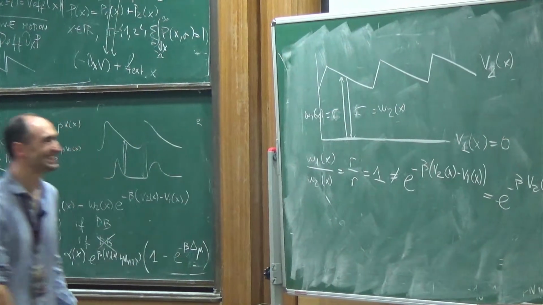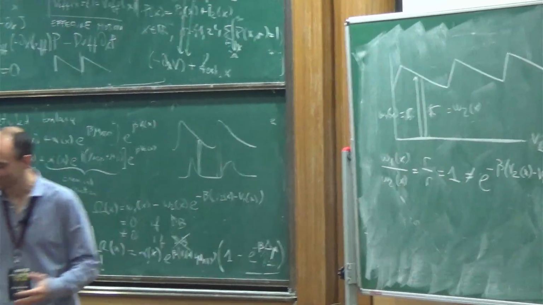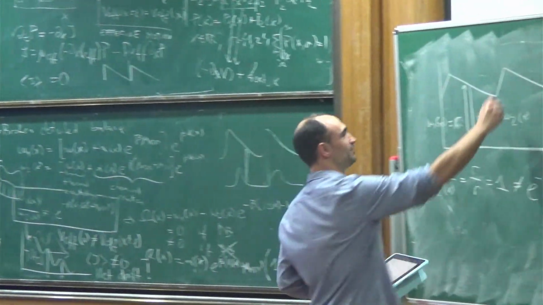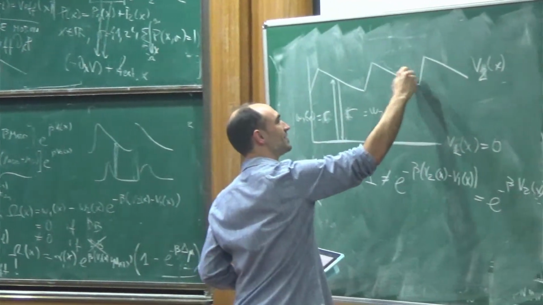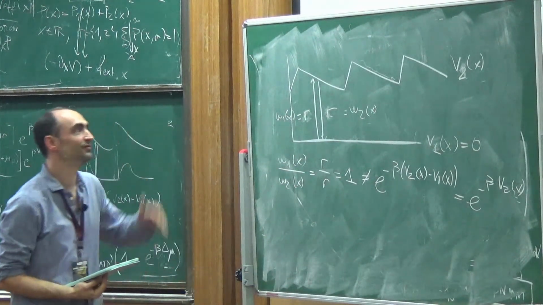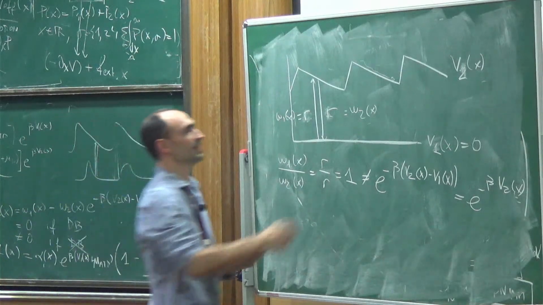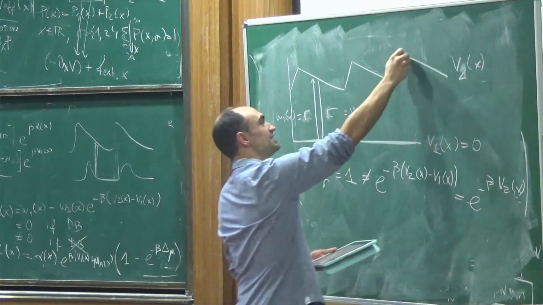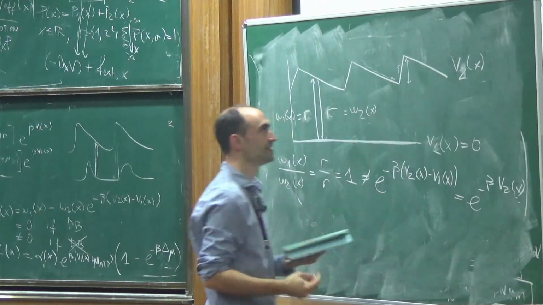Okay. And this can be understood in a very simple way, actually, because imagine you have a particle that falls here now, and then it will face a wall. So it will be very difficult to jump the barrier, especially if this is much higher than kBT.